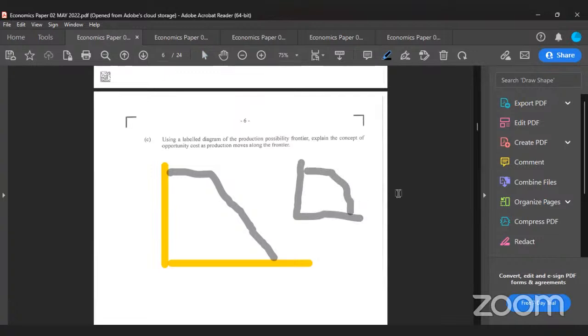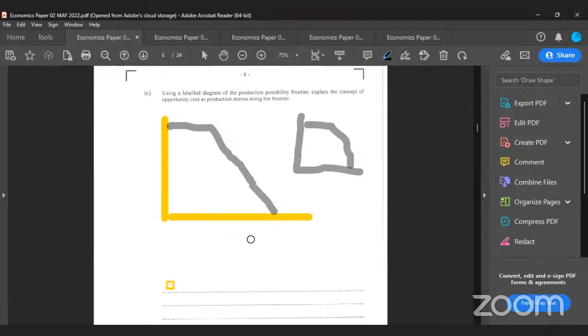You also can have decreasing opportunity costs, which means that it would look like this. And constant opportunity cost just means that it's going to be a line. But yeah, let us press on.